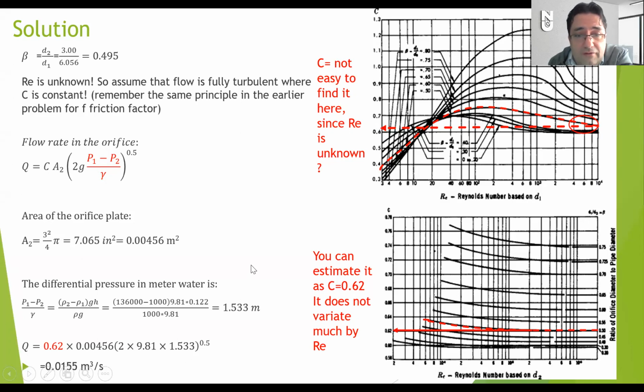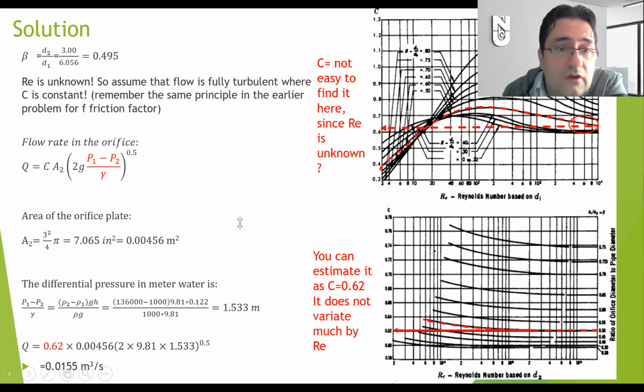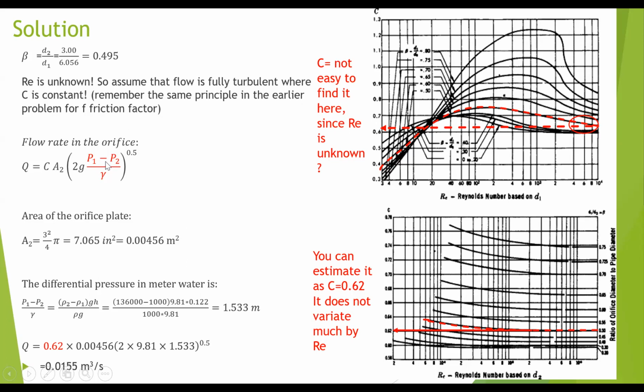And if you look at the other graph, you will also see that we have the Reynolds number. We don't know the Reynolds number, but still it is going to be fully turbulent, it means more than 4,000, and for more than 4,000, the ratio of orifice diameter to pipe diameter, it is beta again. It is going to be somewhere here, okay?